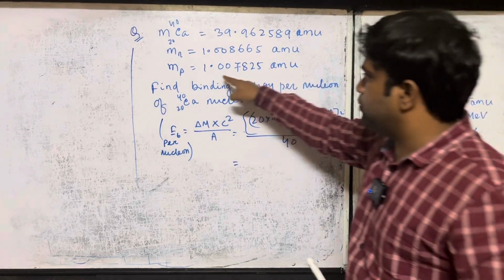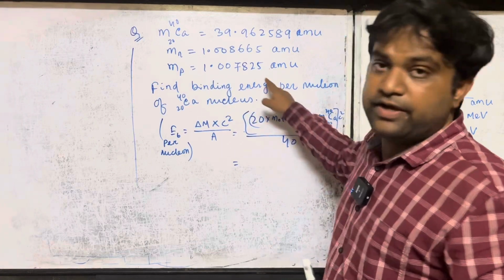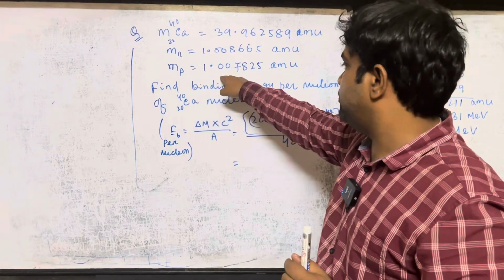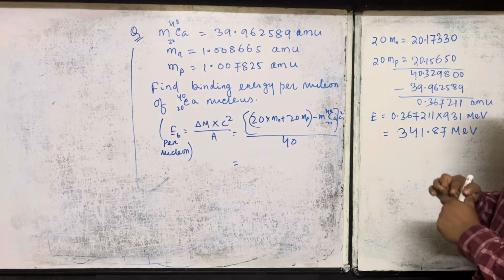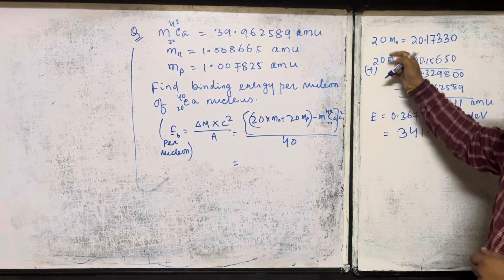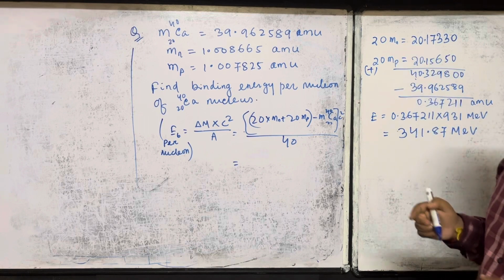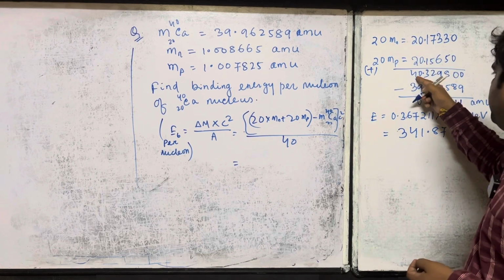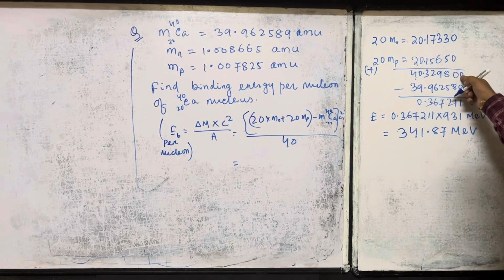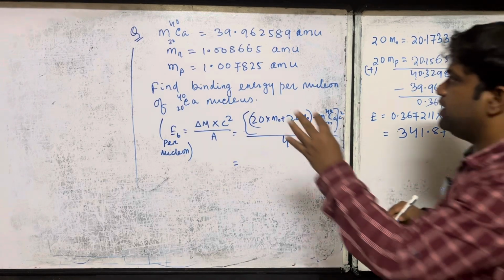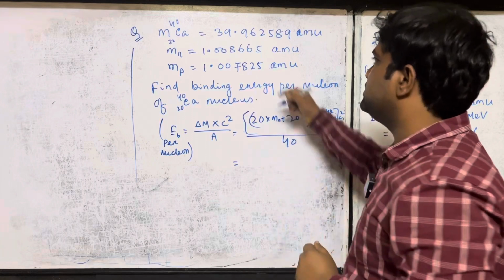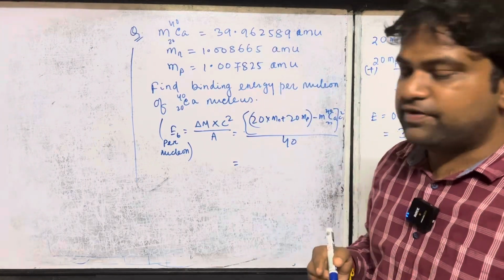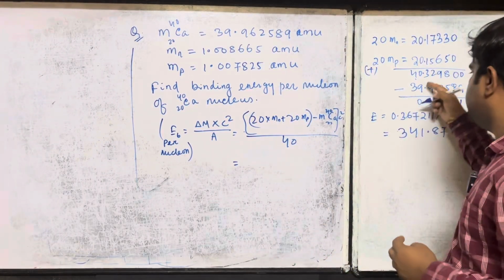And the mass of proton is this; because 20 protons are here, we multiply by 20. Now add the mass of 20 protons plus the mass of 20 neutrons, which is 40.329800. Now the total mass of the calcium nucleus is 39.962589, it is given.